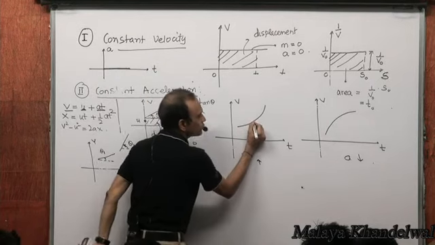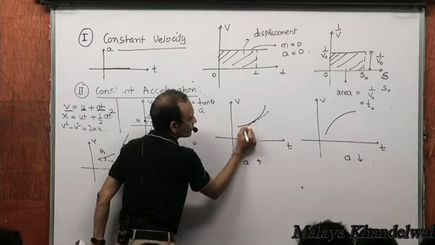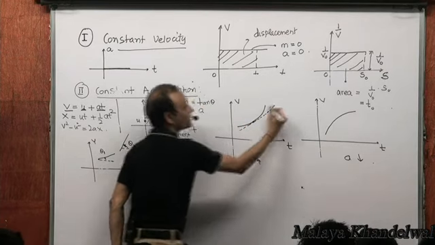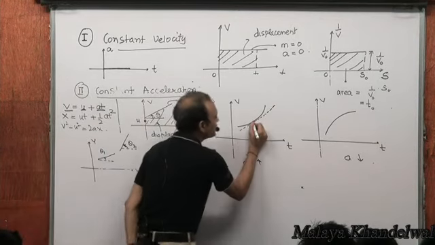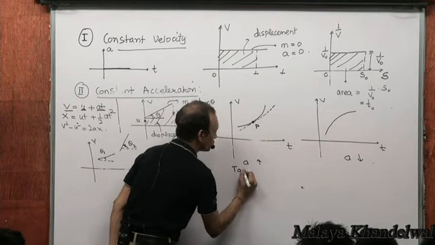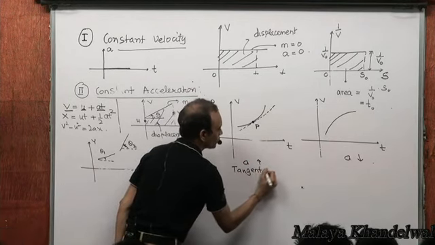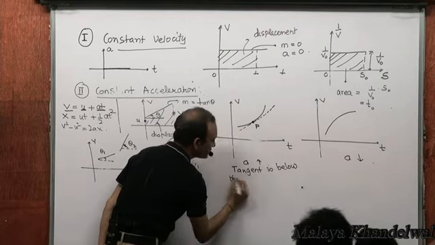In this case, if you draw a tangent at any point of this curve, then the tangent is below the curve. Do you see that? Yes or no? Do you realize that?